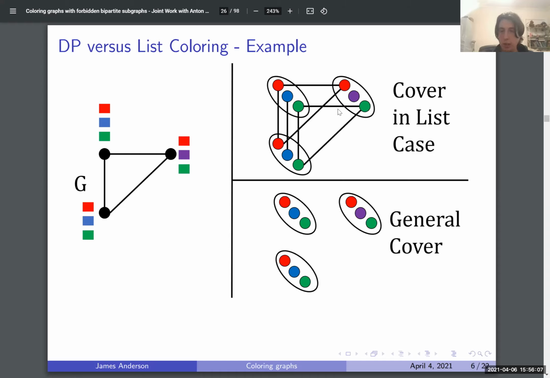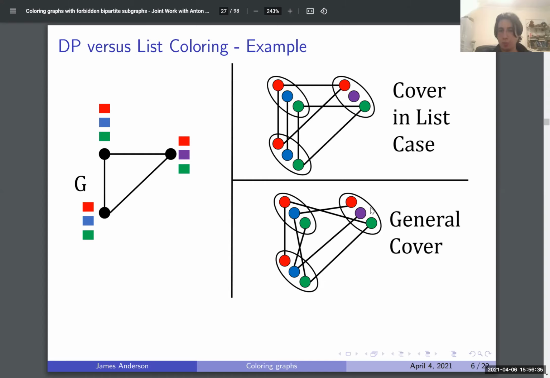So now this is for a list case, but in the general DP setting, we don't have to have that each color matches with its other color. We could have arbitrary matchings. So for example, here, red corresponds to green. And here, blue corresponds to green. And here, blue corresponds to purple. And hence the name correspondence coloring.